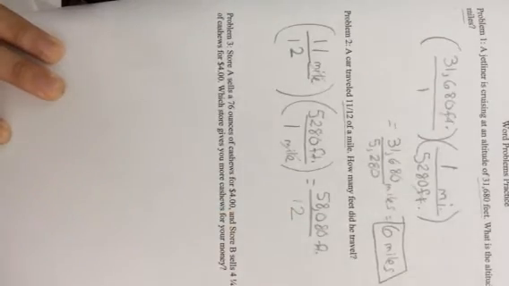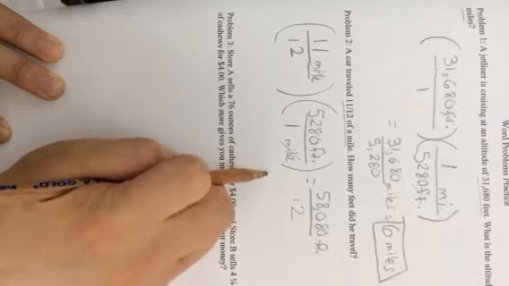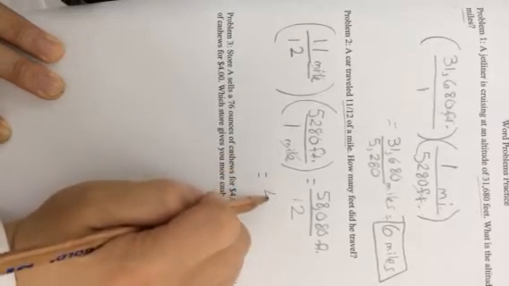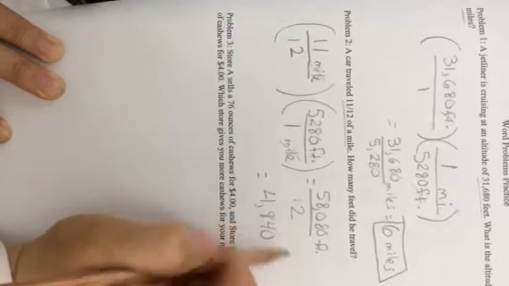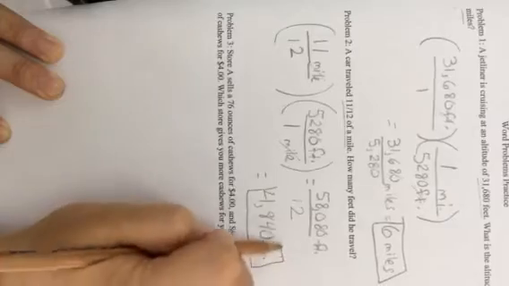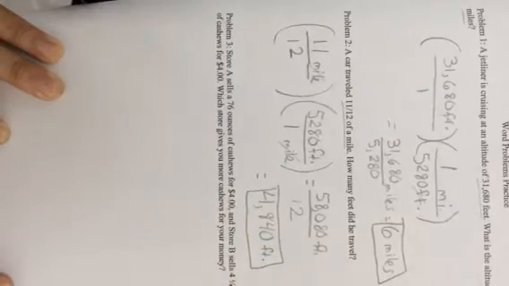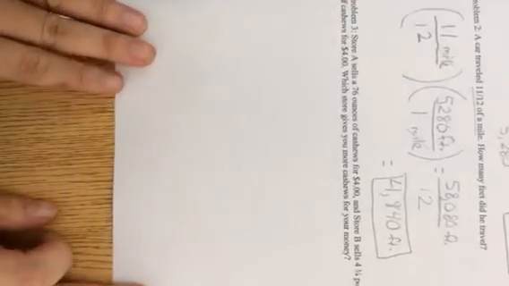Now I just have to do 58,080 divided by 12, which gives me 4,840 feet. And that is my final answer. Let's look at problem number 3.